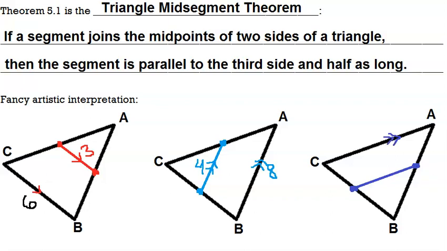Rule number 1, the midsegment will be parallel to the third side. And number 2, if I told you this long side of the triangle was 10, then that would mean the midsegment would have a length of 5.